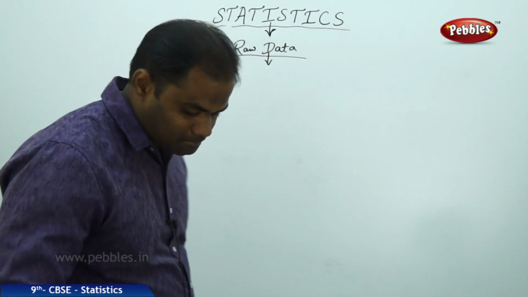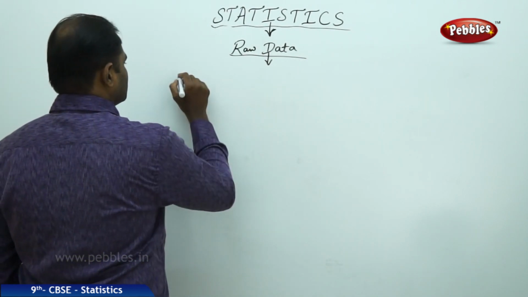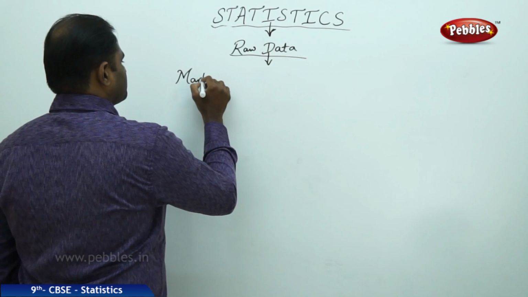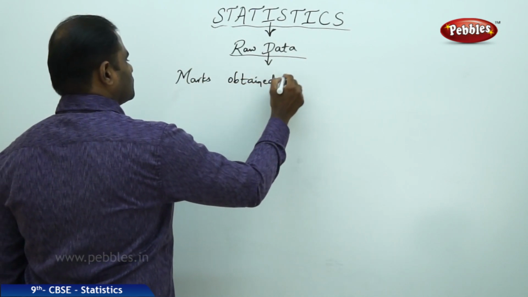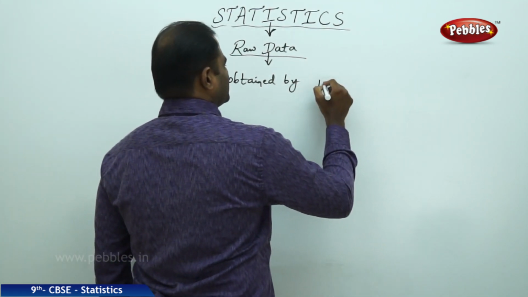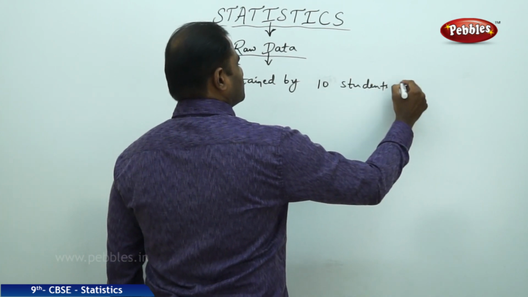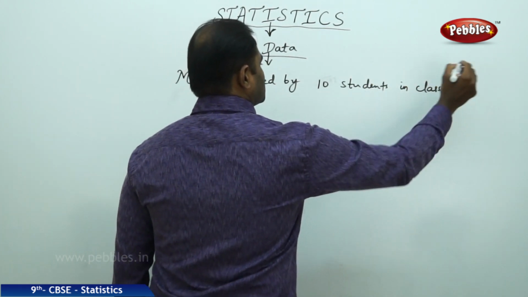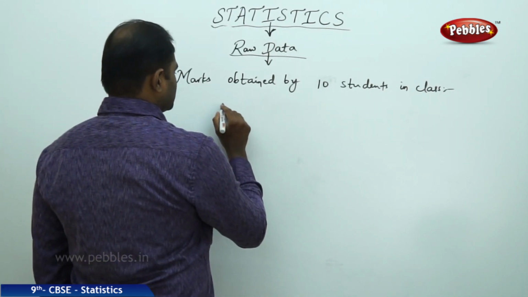For example, marks obtained by 10 students in class, if it is listed out, I just take it as raw data.